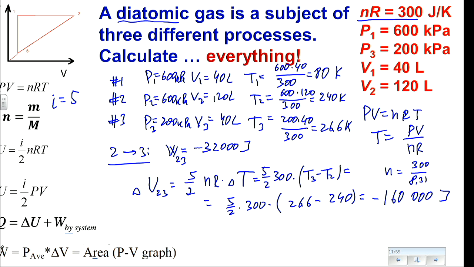Yeah. Well, now we can calculate the amount of heat which this system exchanges with the surrounding during this process. Delta U plus W. Okay, now the question: during this process, is the system releasing or absorbing heat?